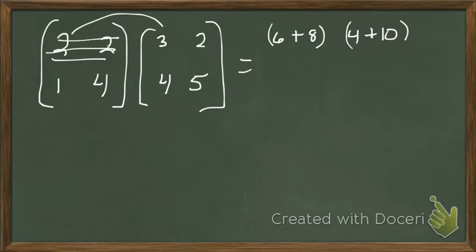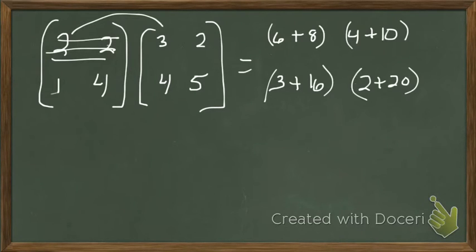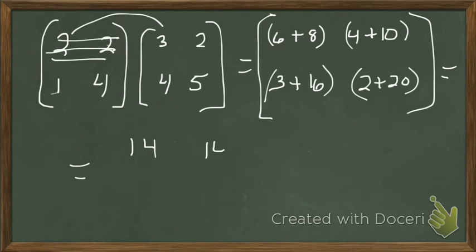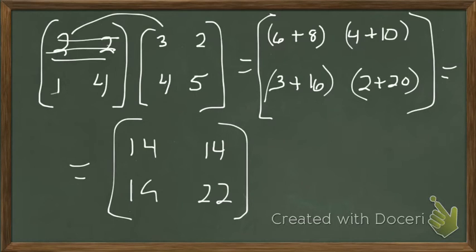Now I'm done with that first row. And I get 3 plus 16, and then 2 plus 20. And that would give us 14, 14, 19, and 22 for the product matrix.